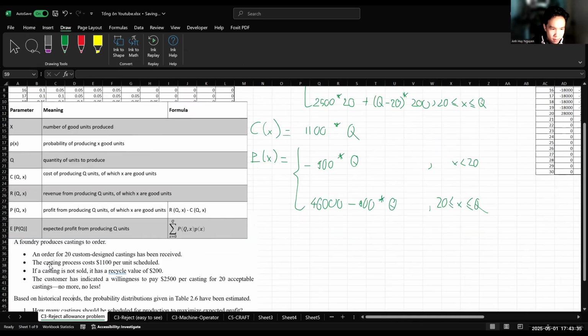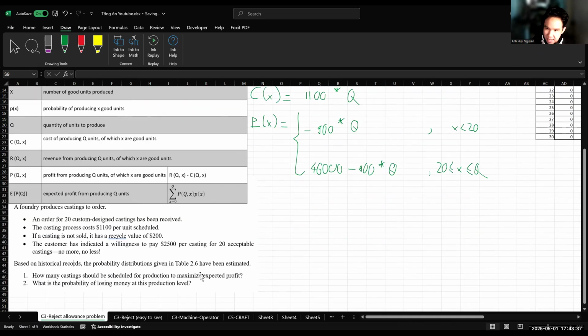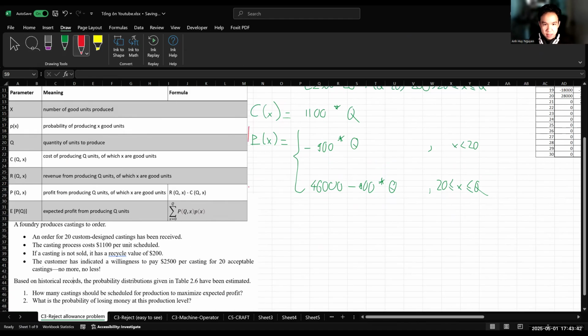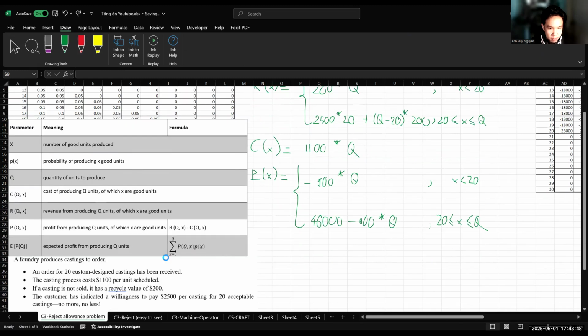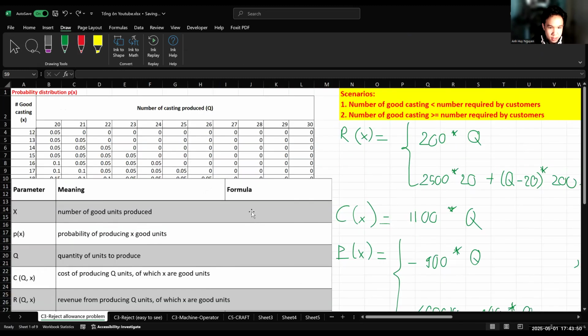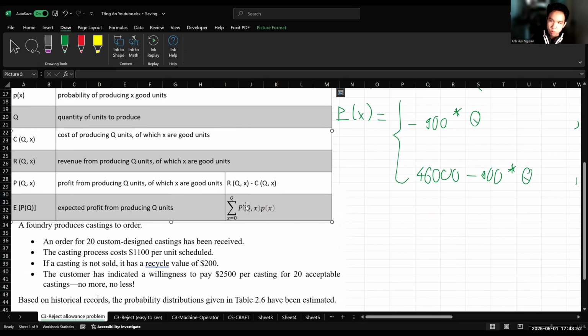Remember, we want to maximize the expected profit. This equation is just the profit, not the expected profit. I believe you remember this, right? The expected profit equals the profit multiplied by the probability for each scenario. Then you sum all of them up, okay?